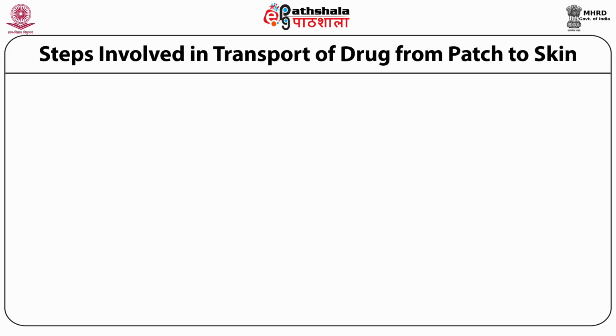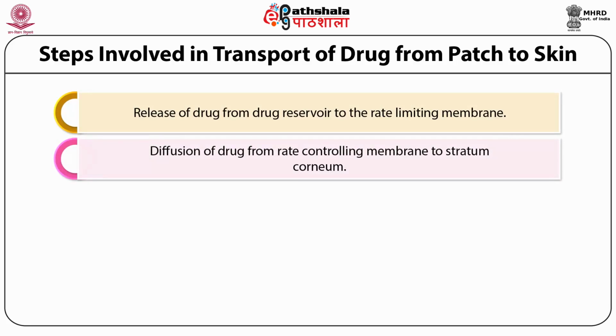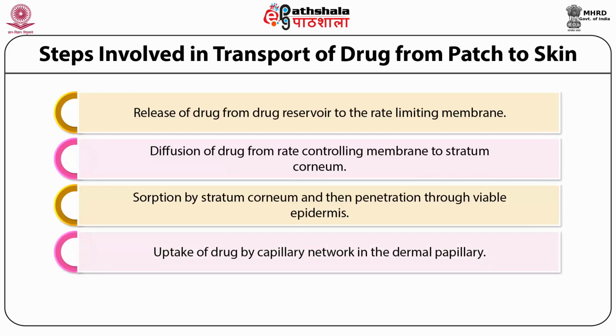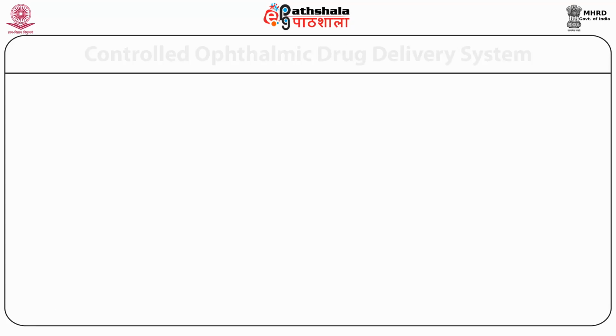The first step is the release of drug from the drug reservoir into the rate-limiting membrane, followed by diffusion of drug from the rate-controlling membrane through the stratum corneum, followed by sorption by the stratum corneum and then penetration through the viable epidermis, followed by uptake of the drug by the capillary network in the dermal papillary tissue, and finally the therapeutic effect on the target organ.